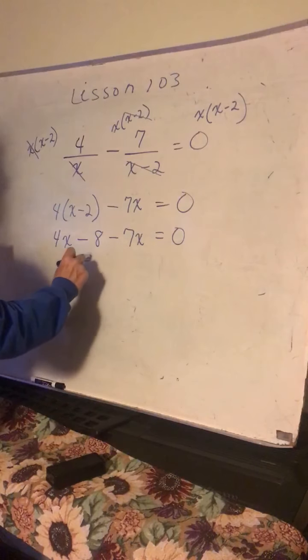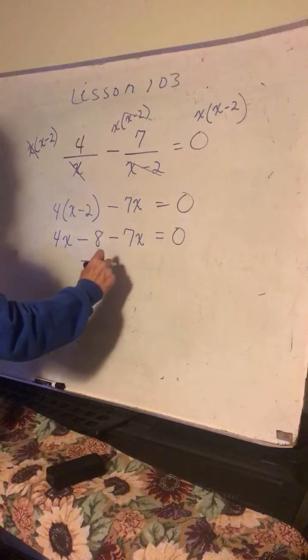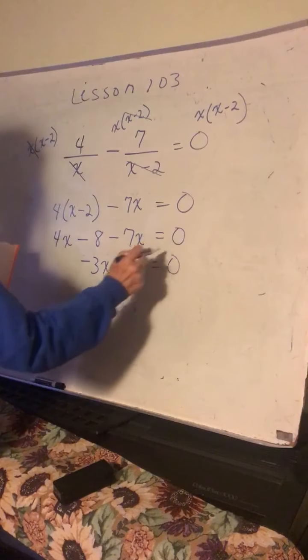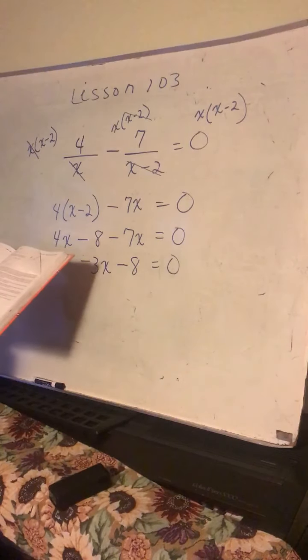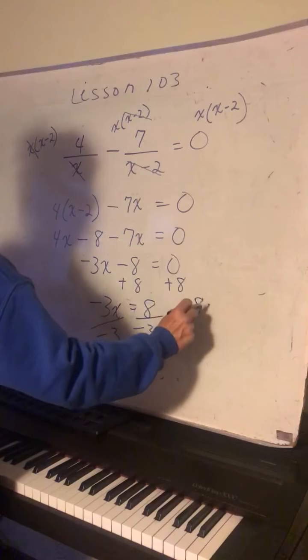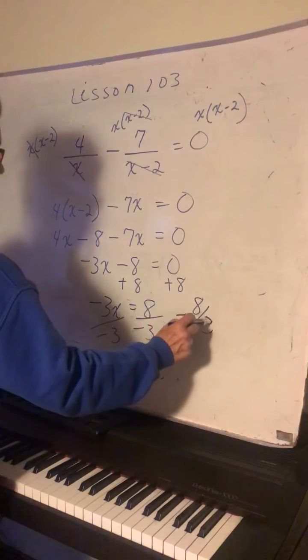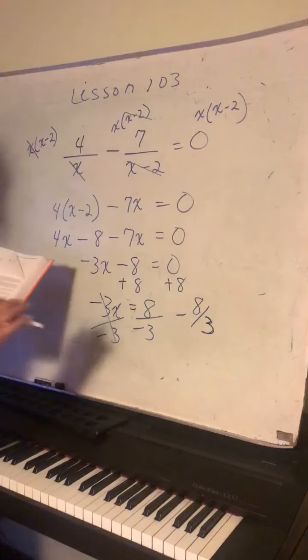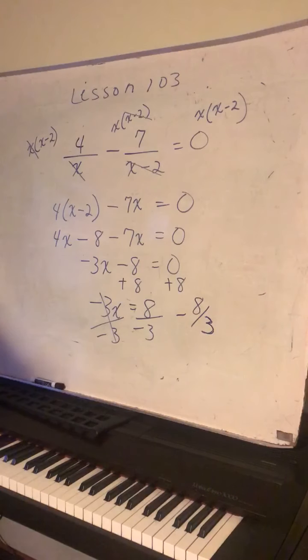So here we end up with minus 3x minus 8 equals 0. And then we're going to plus the 8, and we get negative 3x equals 8. Divide by negative 3, and the answer is negative 8 thirds.